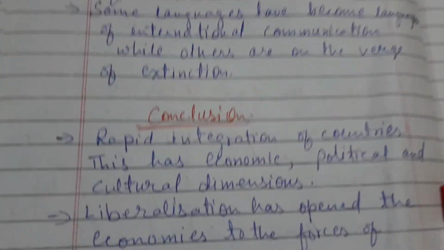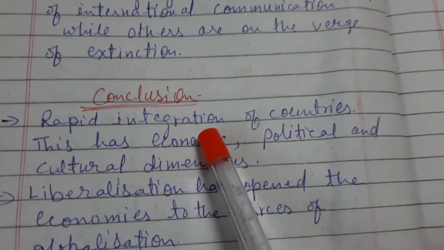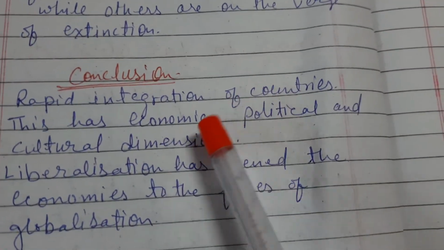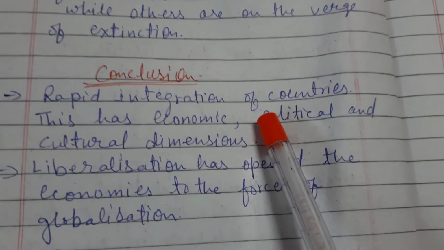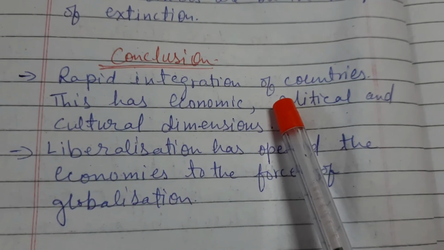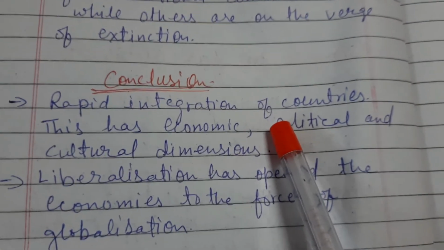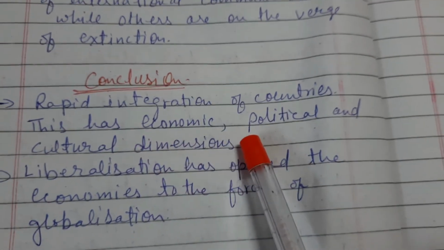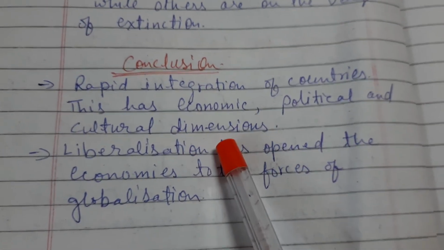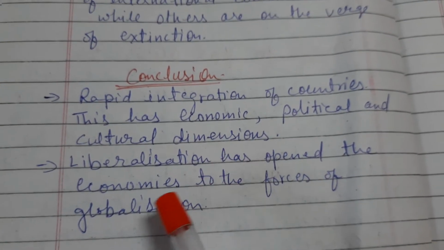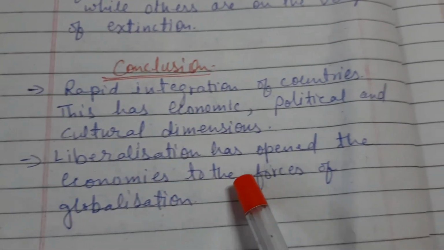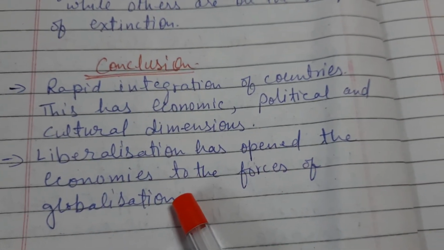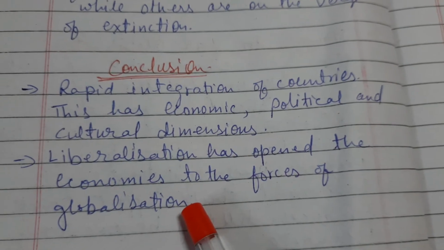When we conclude, we will find that there is a rapid integration of countries, means mixing of countries. All the countries in the world have become one, like one country or one village. This has economic, political and cultural dimensions. Another thing is liberalization has opened the economy to the force of globalization.